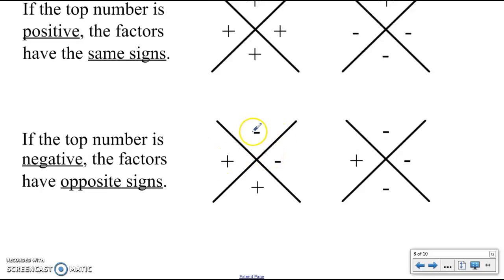So if the top number is negative and the bottom number is positive, your bigger number will be positive and the smaller number will be negative. And if the top number is negative and the bottom number is negative, then the bigger number has to be negative. So I would write that in there so you have it.